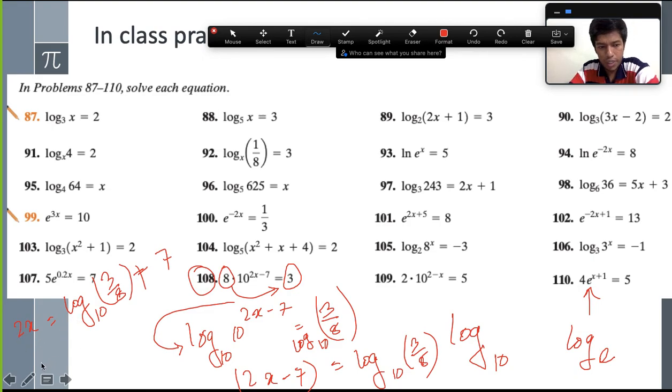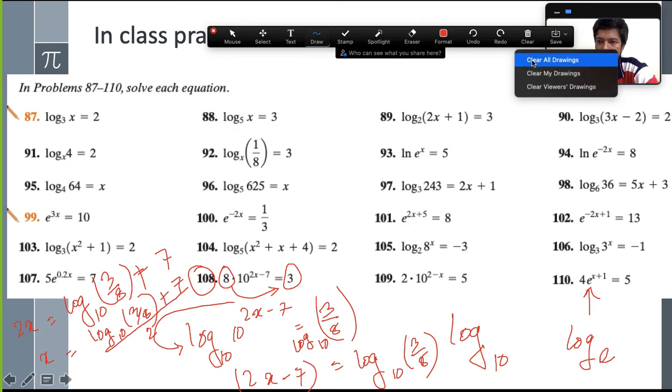You have a 2 here, so you send it to the right side, so it will become log 10 base 3 by 8, bracket close, very important, do not forget, plus 7, divided by 2. This is the answer. You will not have to write it in decimal, just keep it as it is, no problem.